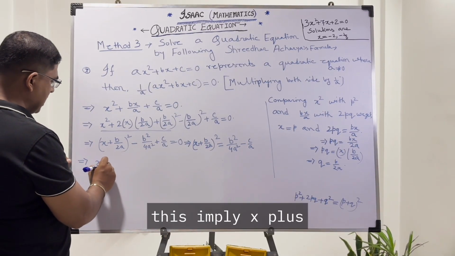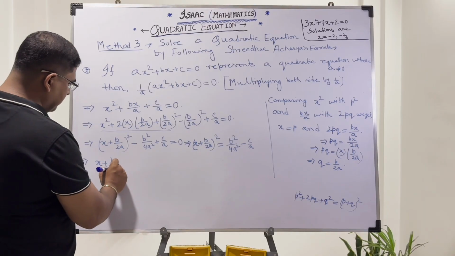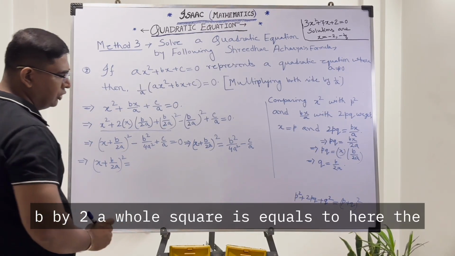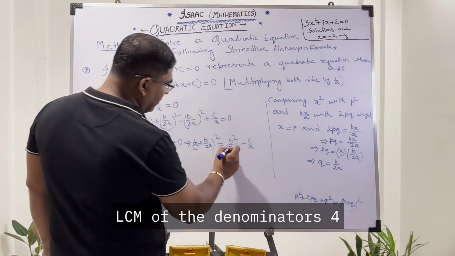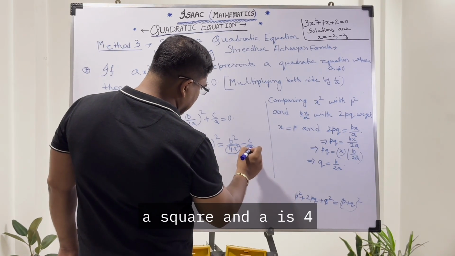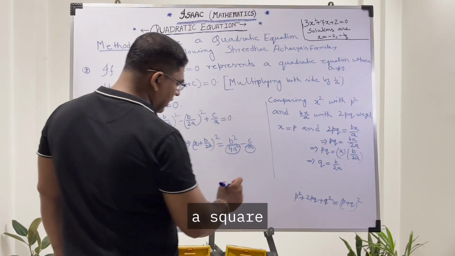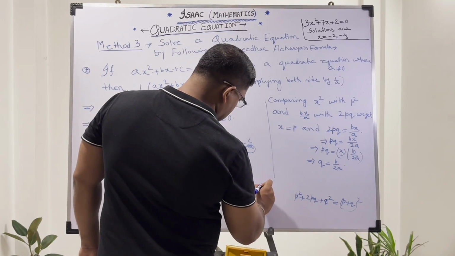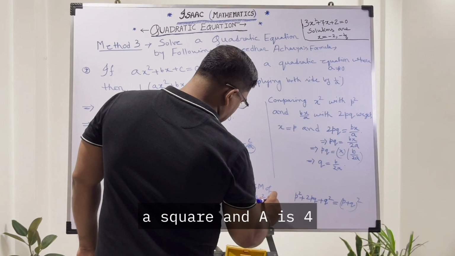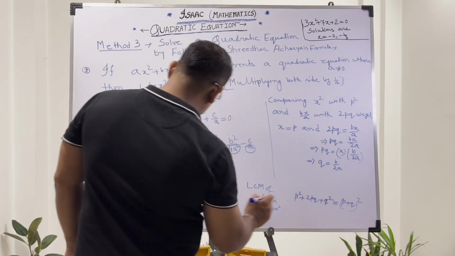This implies x plus b by 2a whole square is equals to, here the LCM of the denominators 4a square and a is 4a square.